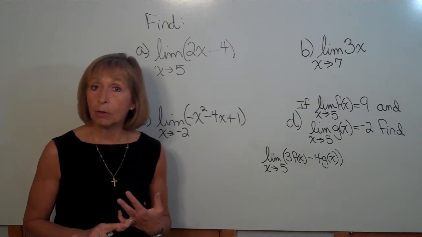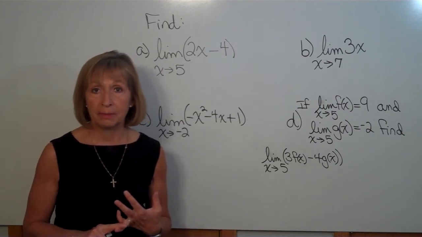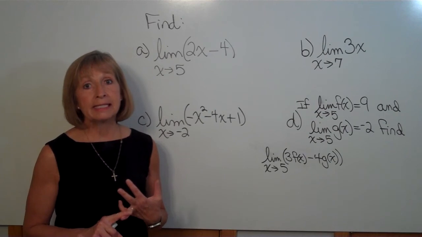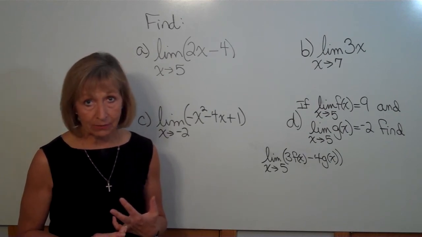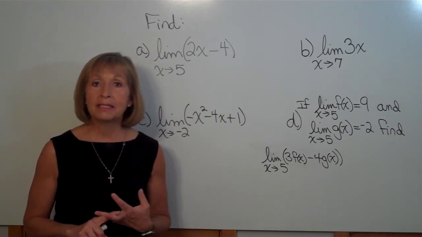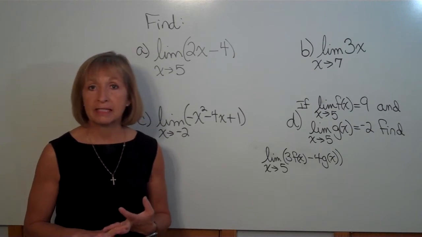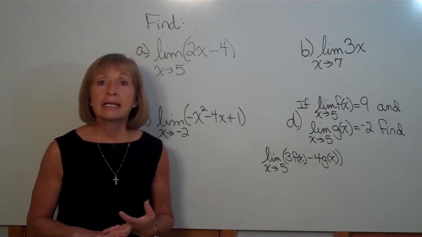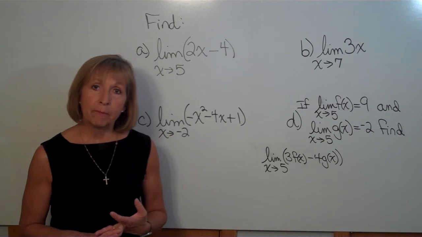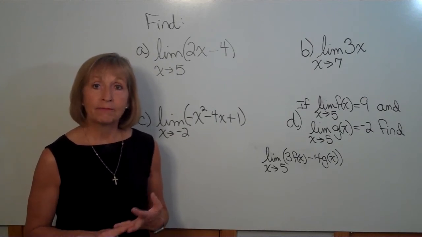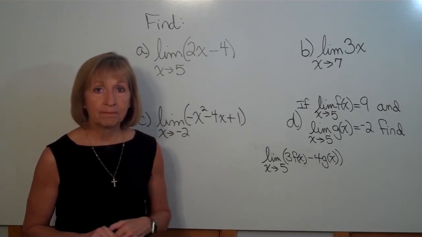The limit of a quotient is the quotient of the limits if the individual limits exist and the denominator is not going to 0. And then the limit of a function to a positive integer power is that positive power of the limit of that function.